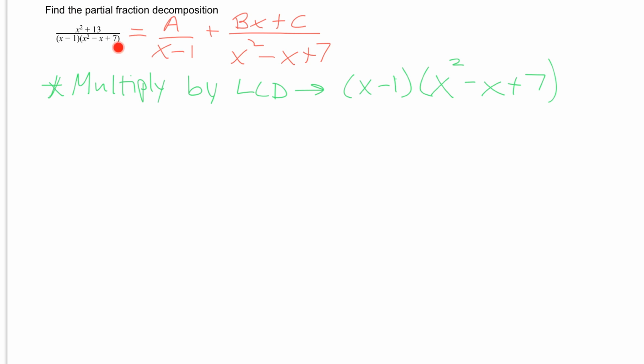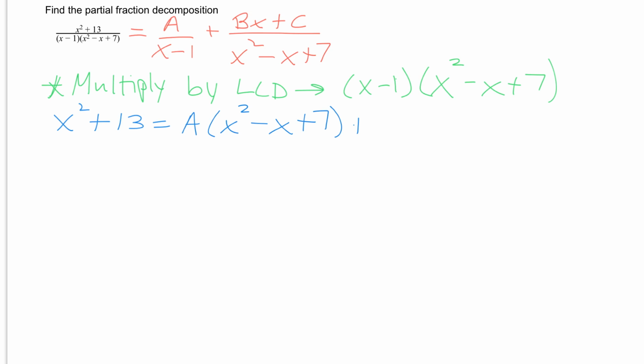So if I take this left-hand side of my equation and multiply it by my least common denominator, this denominator here will cancel out with this right here, leaving me with just x squared plus 13 equal to, if I take A over x minus 1 times my least common denominator, the x minus 1 and this x minus 1 will cancel, and I'll get A times x squared minus x plus 7.